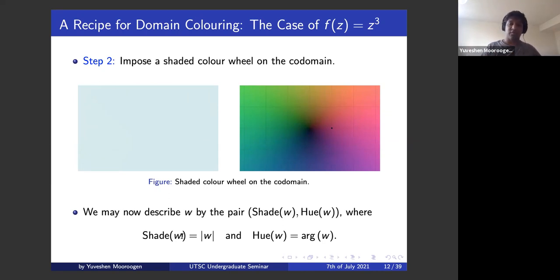So that corresponds to the argument of the chosen number. So using the shade of W and the hue of W, I can write the polar form representation, modulus argument form representation, whatever you want, using this pair shade W, comma hue W. So that's my setup.